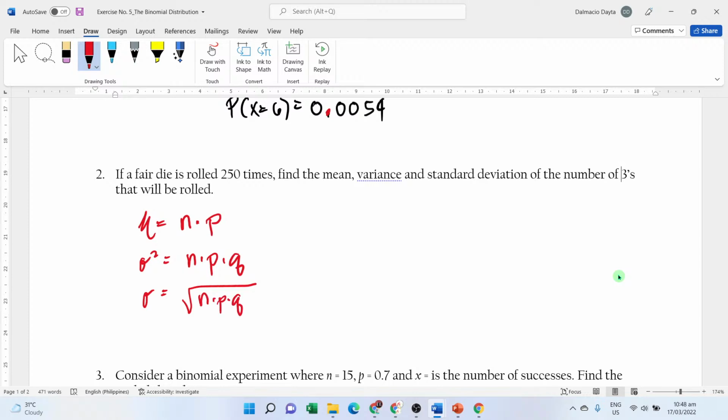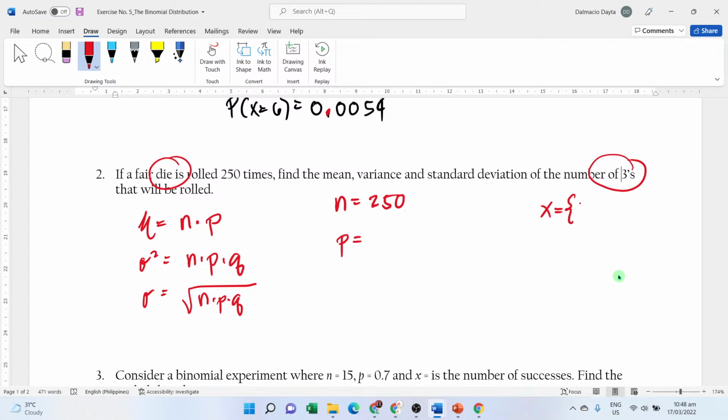Okay? So in this problem, the die will be rolled 250 times, then n is equal to 250. Now, what is the value for p? What is the probability of getting 3? Time and again, we are discussing the sample space in rolling a die.